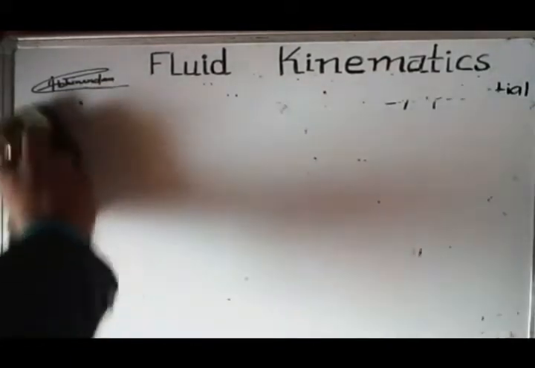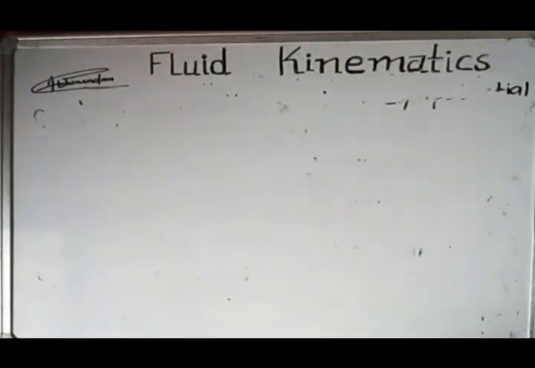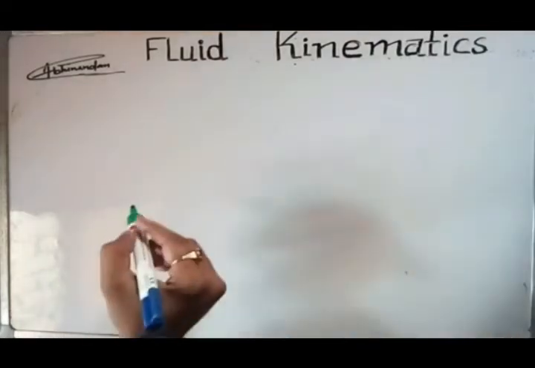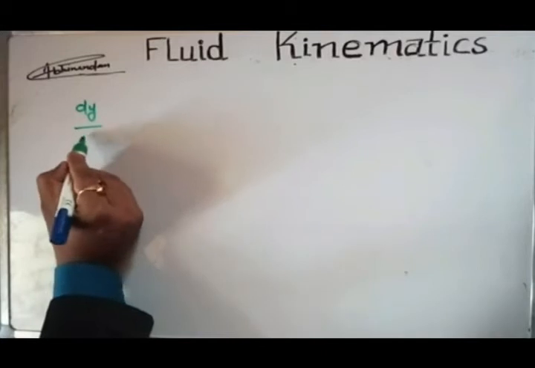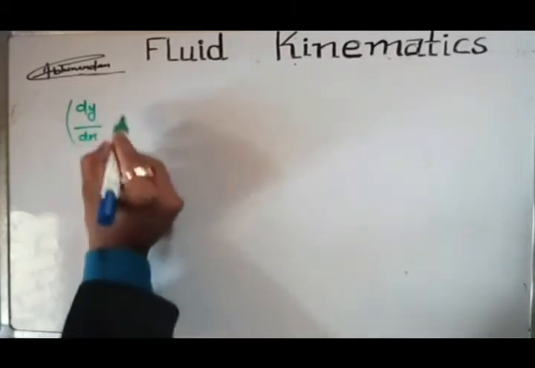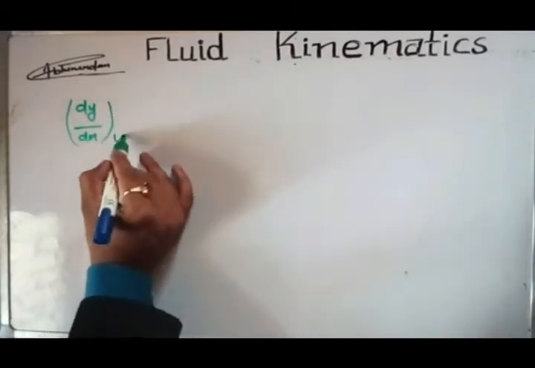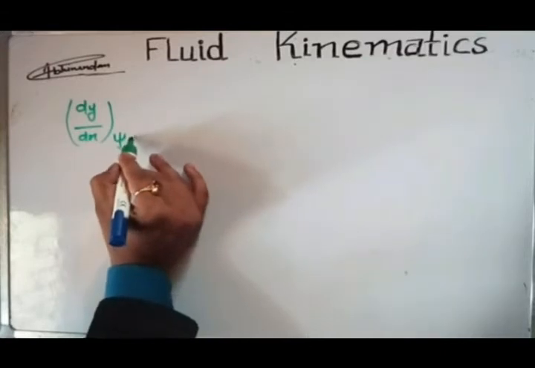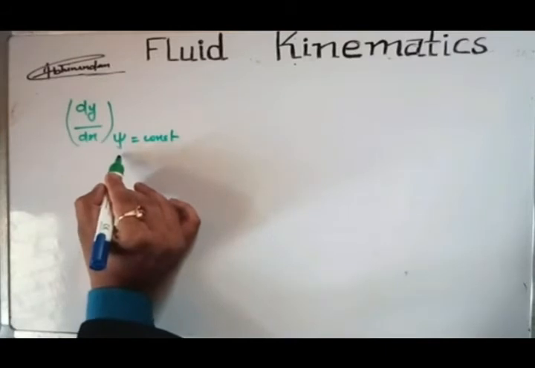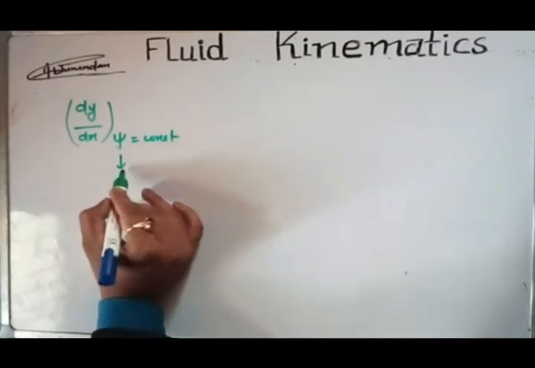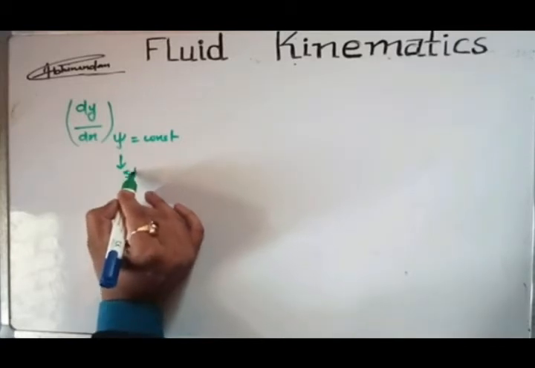In previous videos I have already discussed what is equipotential line and what are streamlines, but now look at this. This is dy upon dx, where psi, our stream function, is constant here.